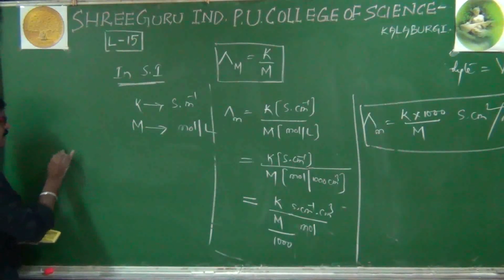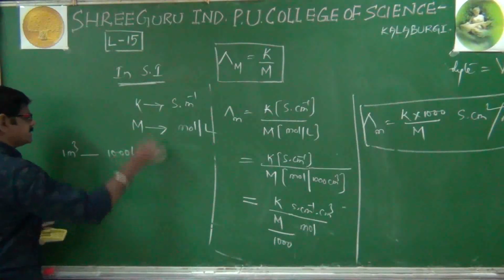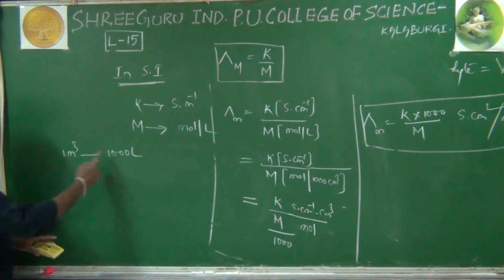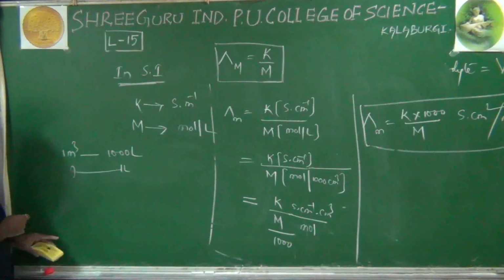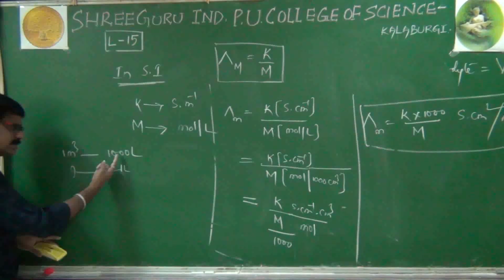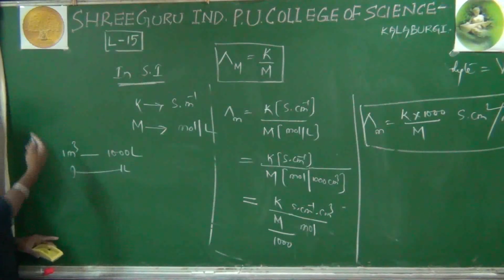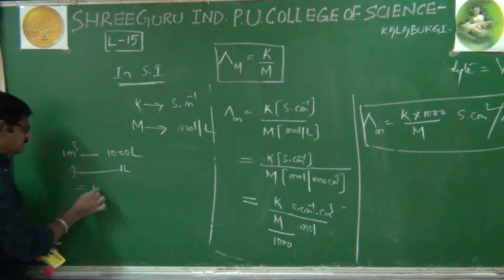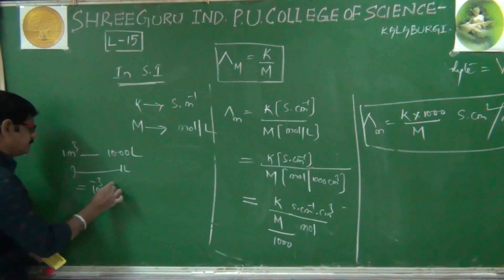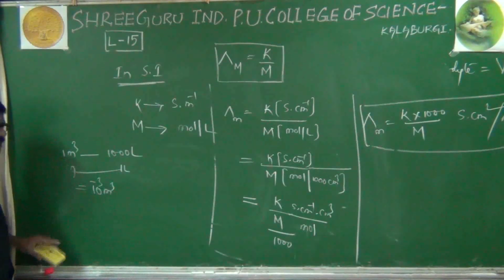Already known to you, 1 meter cube is equal to 1000 liters. Then I need 1 liter equals how many meter cube? 1000 liters equals 1 meter cube, so 1 liter equals 1 by 1000, that is 10 to the power of minus 3 meter cube.